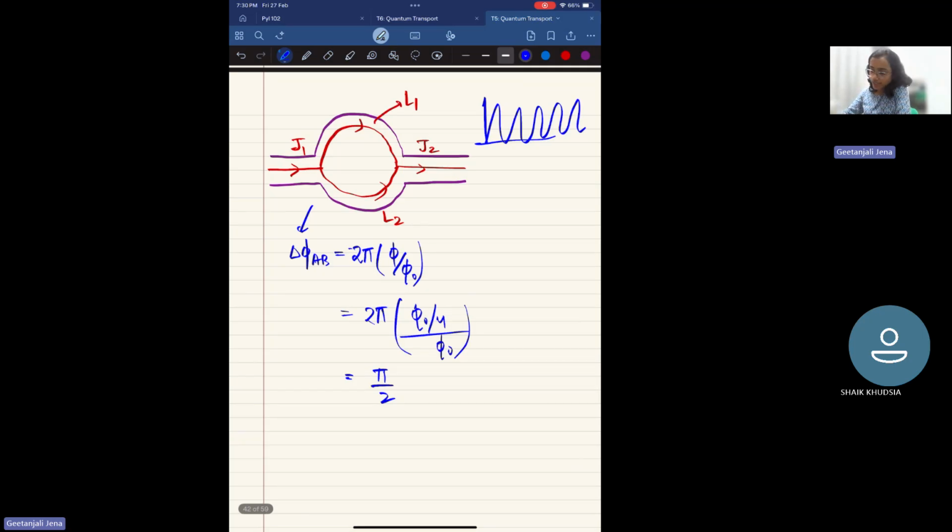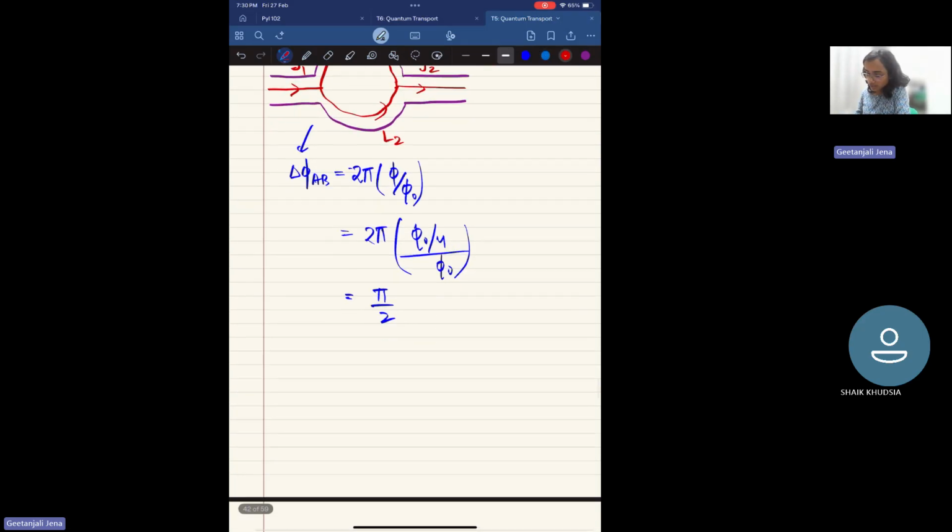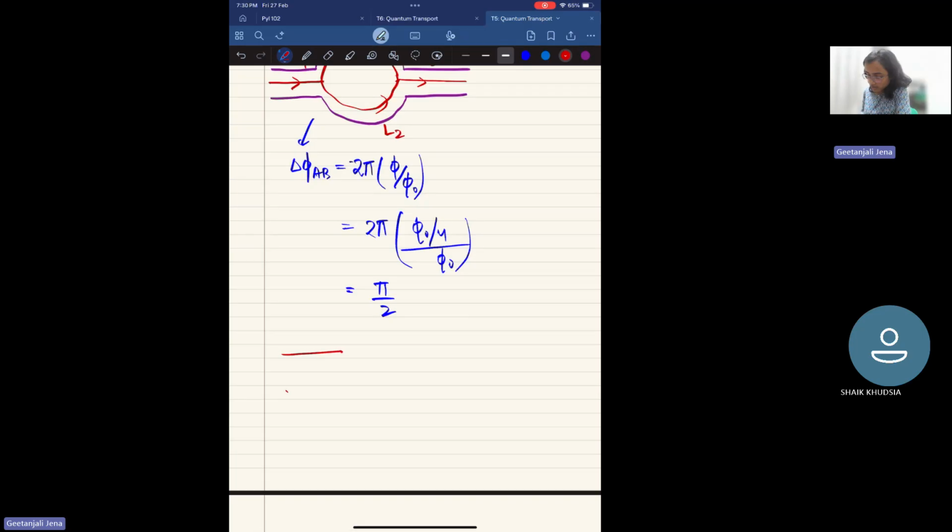For the AAS effect, it is the case where we consider that there is a return probability. So this is opposite to the AB effect. We have the same case, but now whatever light is incident, it is getting back to the original path.